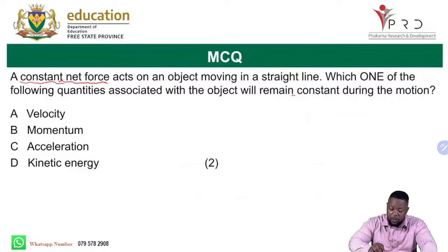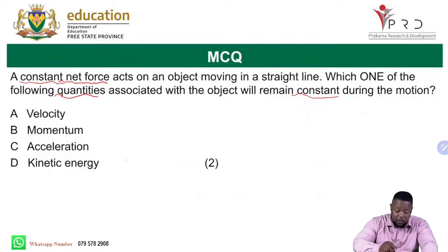We want the other quantity that should remain constant during the motion. We are told the net force is constant, and the other quantity should also remain constant. Let's have a look at the options that we are given.